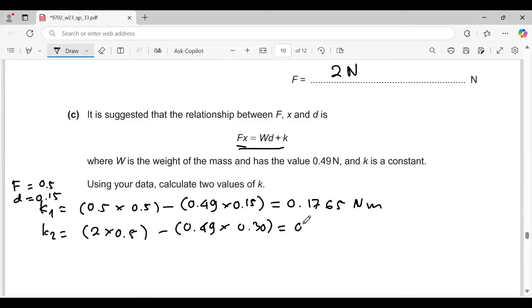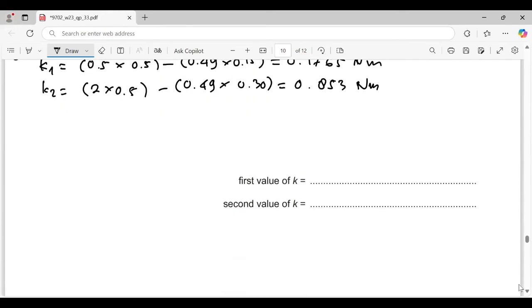If you calculate, the result is 0.853 newton meters. So the first value of K is 0.1765 newton meters, and the second is 0.853 newton meters.